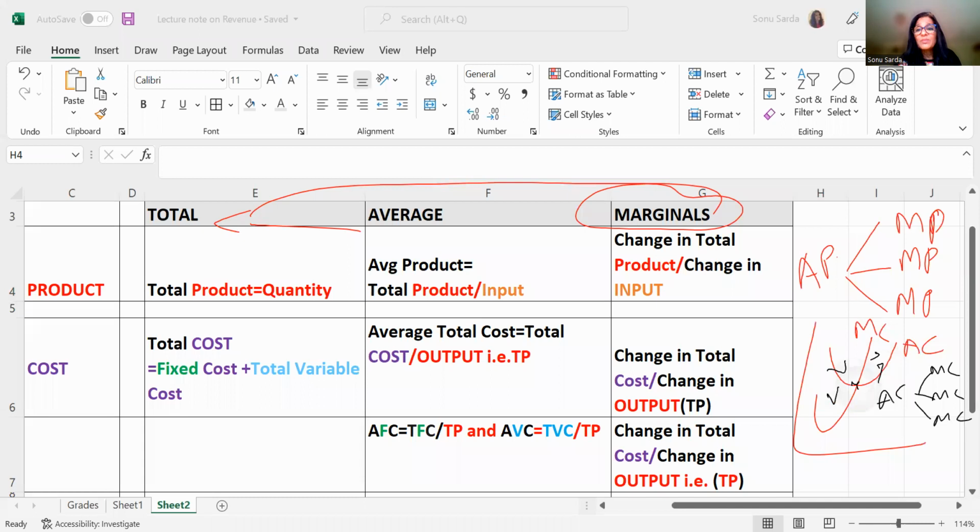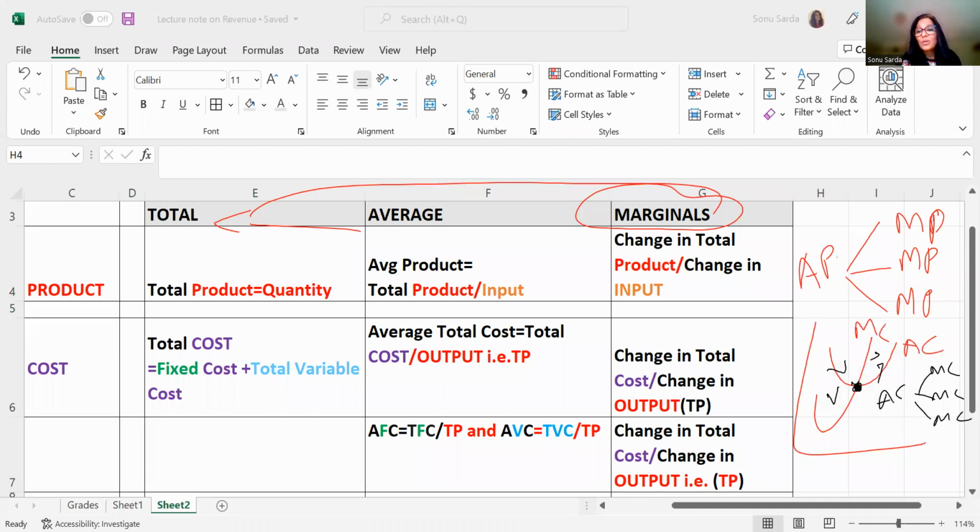When the two are equal, that is the point where the costs are minimum. Costs are minimum where the marginal cost intersects the average cost curve, or where the marginal cost is equal to average cost. And you would definitely need this knowledge for your market structures in order to ascertain the efficiency.